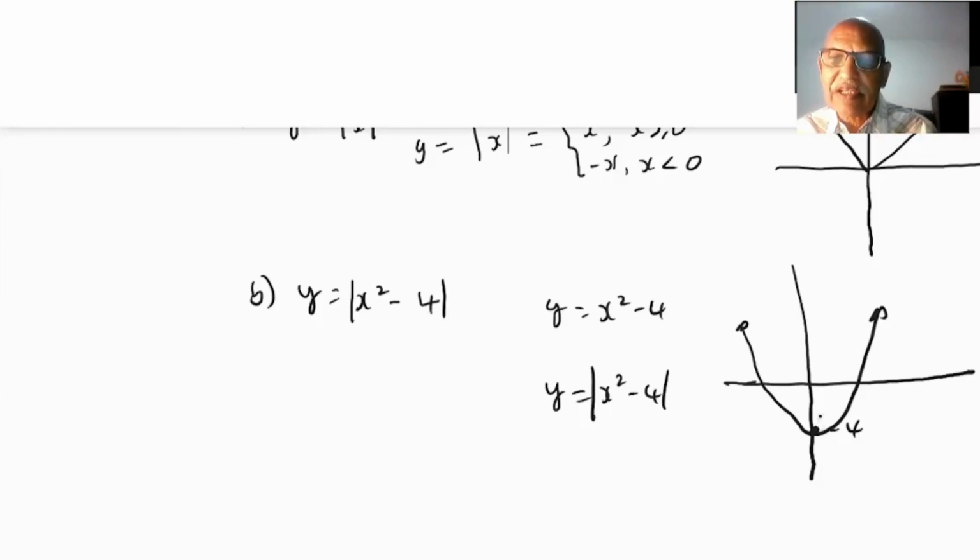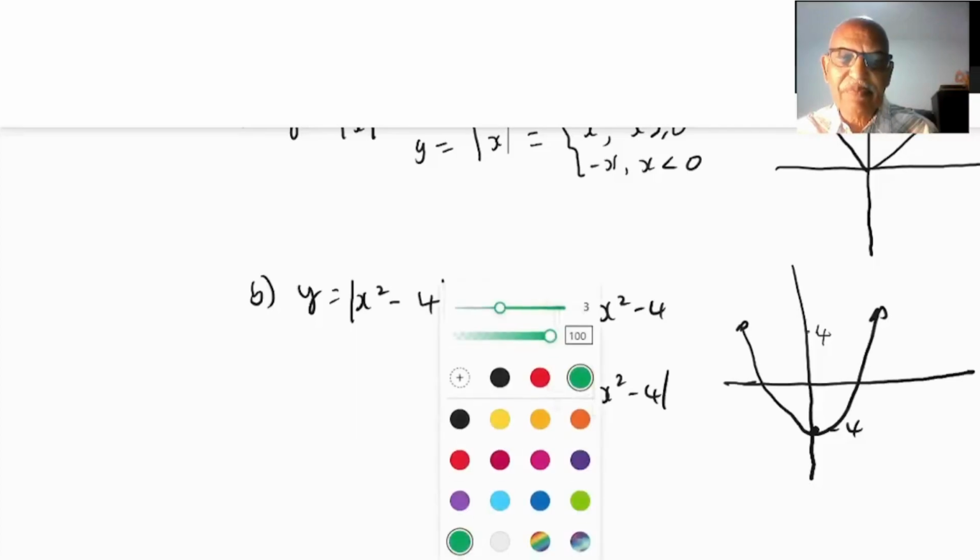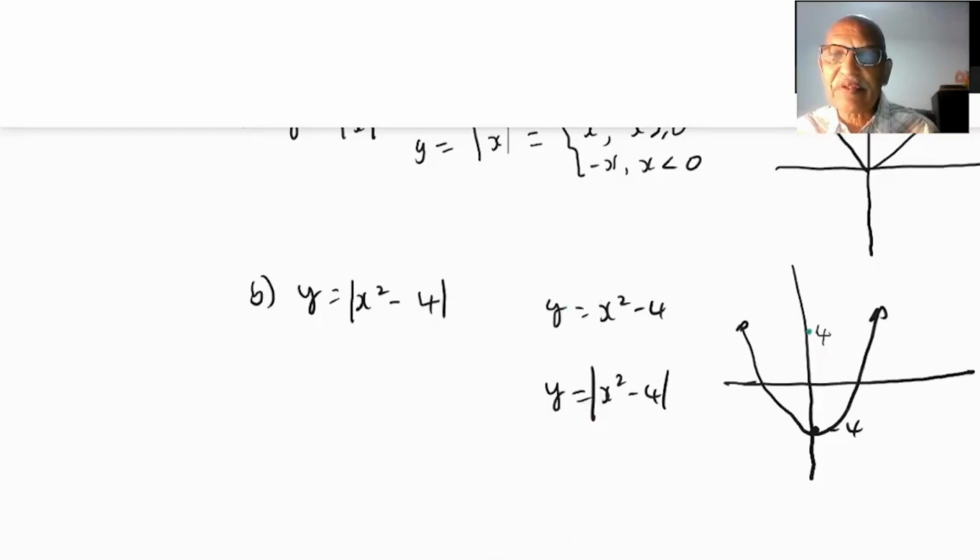From here, it flips, this is 4, it goes here, and this one flips up, it becomes upside down. Therefore this stays, this stays. So the absolute value graph will be only this one here, the green one only.